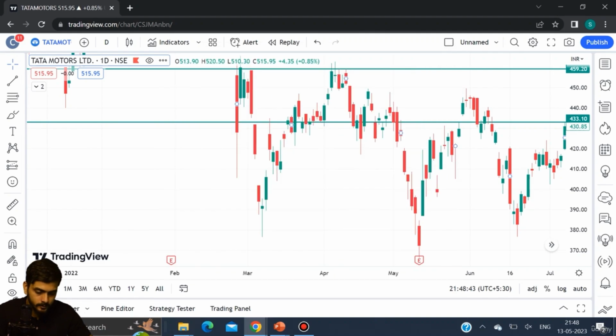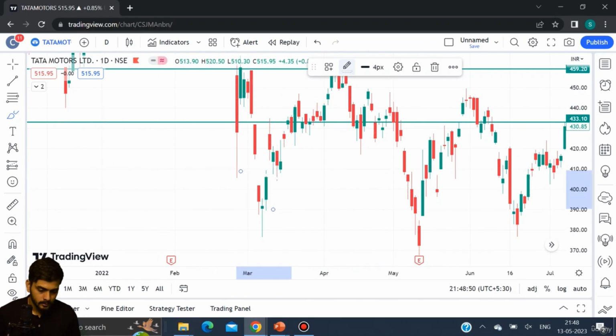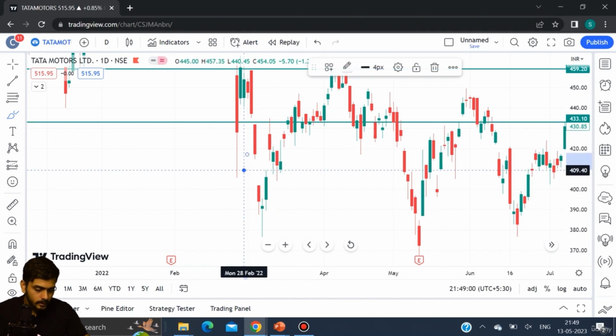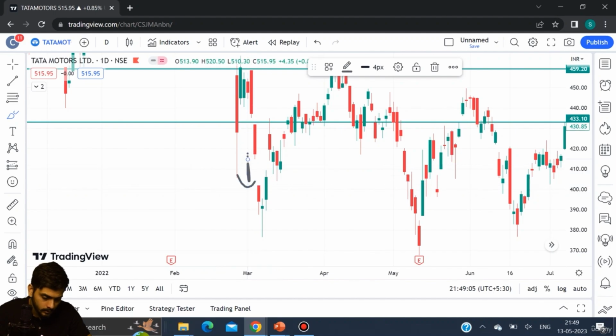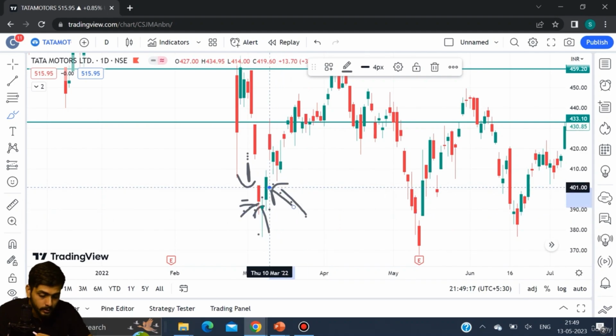Yes, this is actually the morning star. The market started falling, fell down, made a bearish candle with a little bit of lower price rejection, then a proper doji, and then the body of the bearish candle was broken.